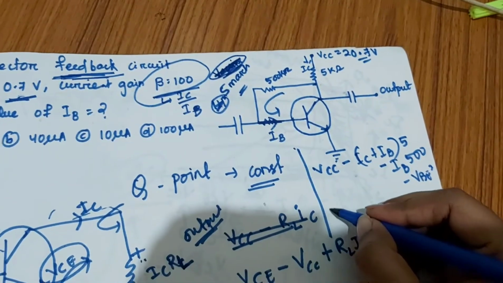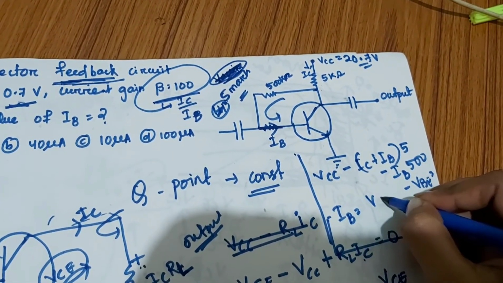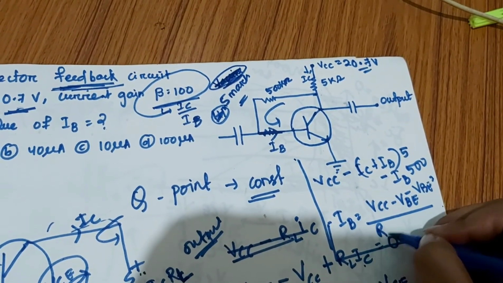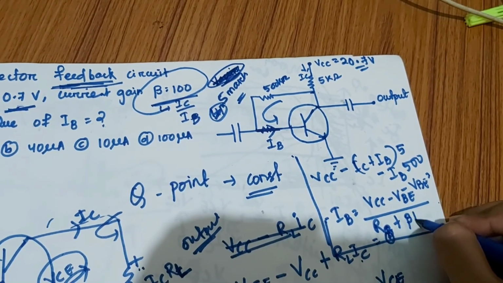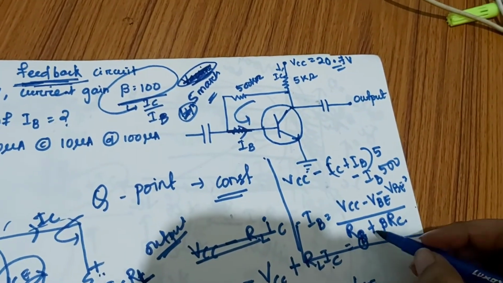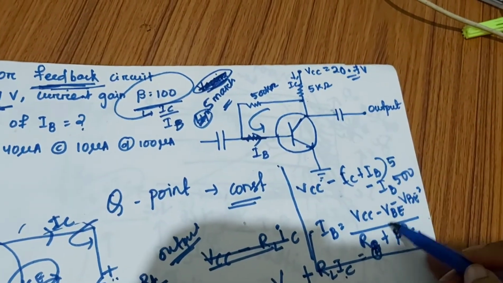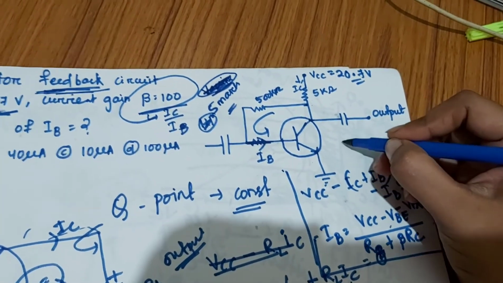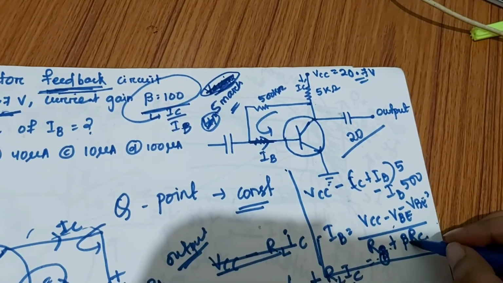Putting the values in the formula, IB is VCC minus VBE by RB plus beta RC. 20.75 minus 0.75 gives 20, so I get 20 by RB plus beta RC.